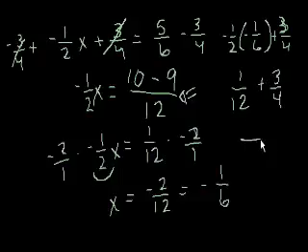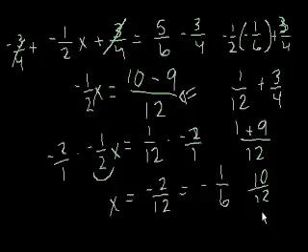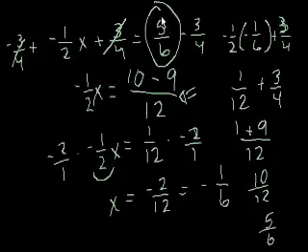Well, that's the same thing as 12, the 1 stays the same, plus 9. 1 plus 9 is 10 over 12, and that is equal to 5 over 6, which is what our original problem was. So the problem checks out.